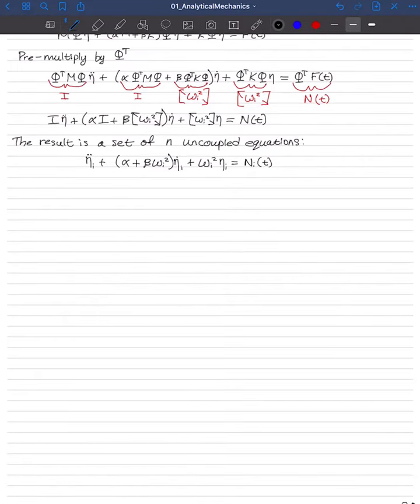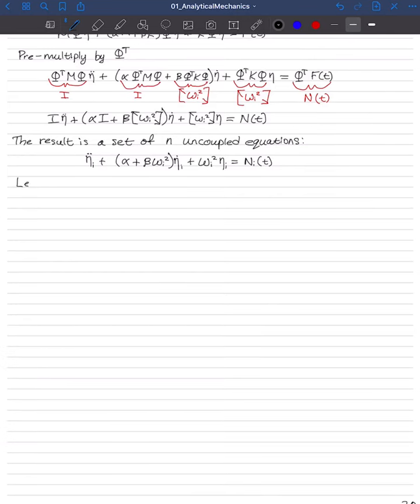From here, let's do the following. Let alpha plus beta times omega i squared be equal to 2 zeta i times omega i.